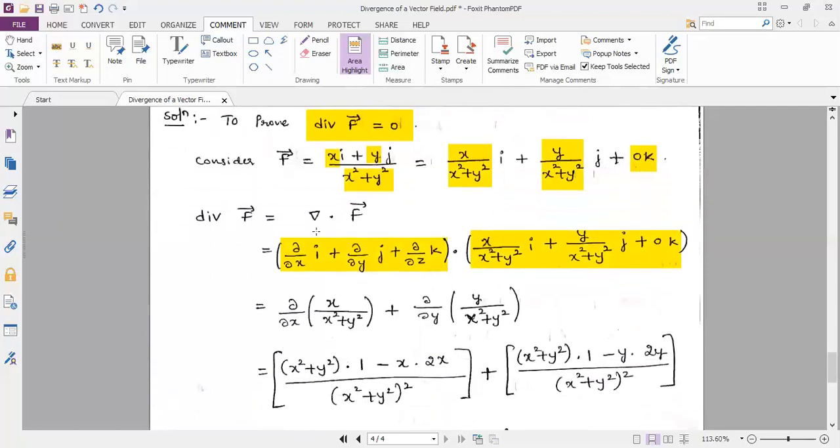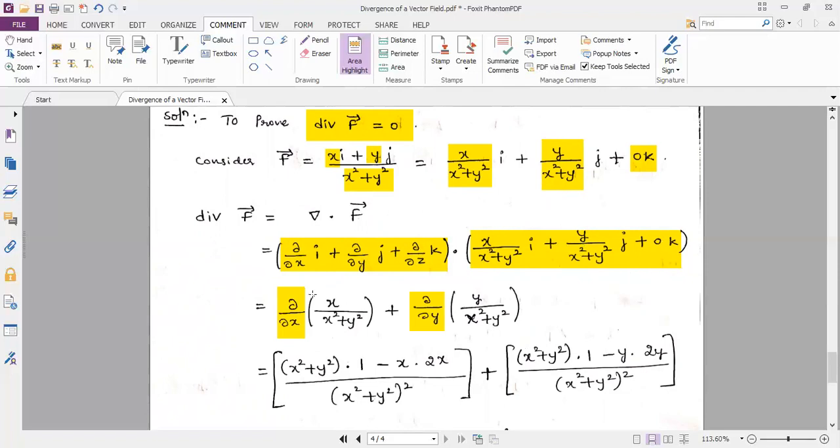Performing the dot product, i dot i is 1, j dot j is 1, k dot k is 1. So we get ∂/∂x of x/(x² + y²) + ∂/∂y of y/(x² + y²). ∂/∂z of 0 is 0 itself.